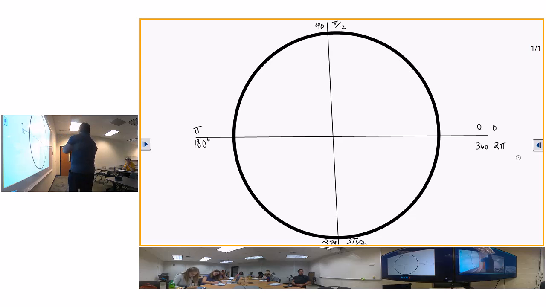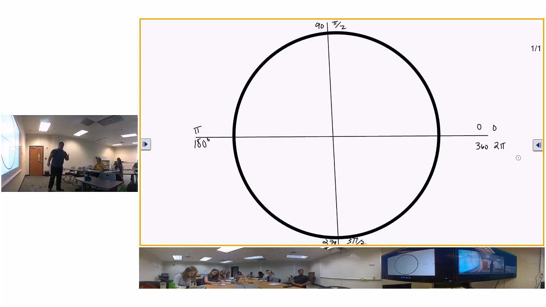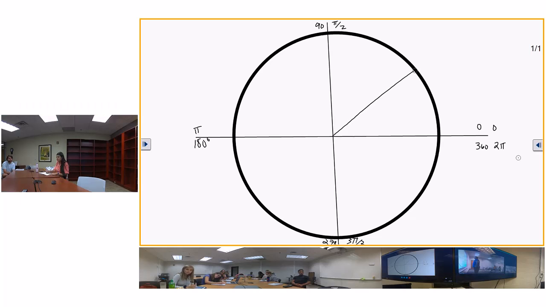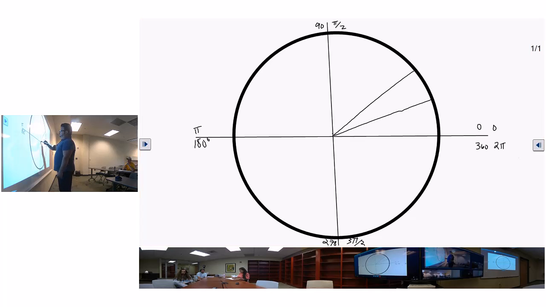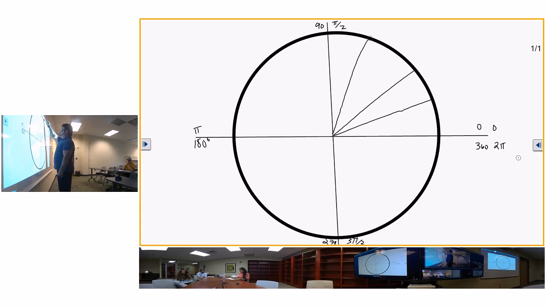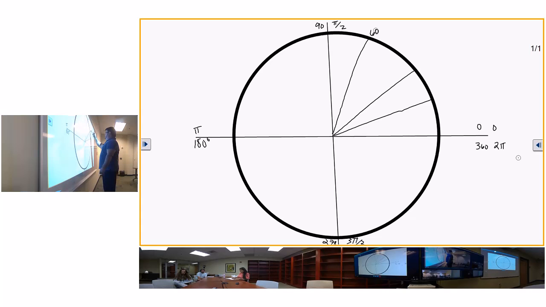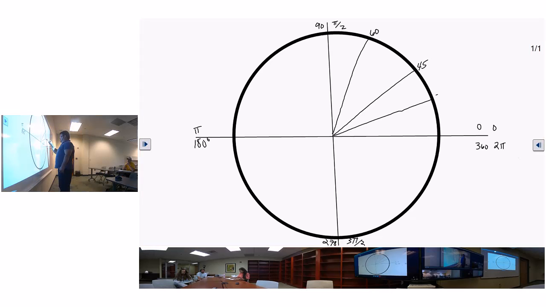Now there are three angles in trigonometry that you need to know. Does anybody know those three angles? One of them's 45. One of them's 30. And the other one is what? 60. 60, 45, and 30.